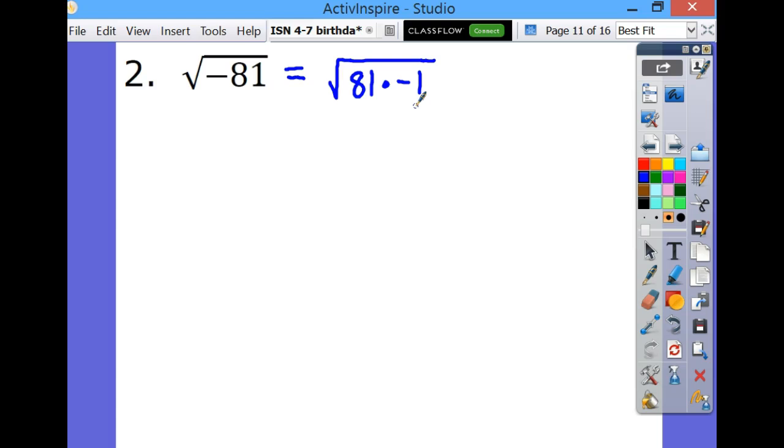There is a property of square roots that says if you have numbers multiplied together, you can separate them under separate square roots. Now, what is the square root of 81? And what is the square root of -1?